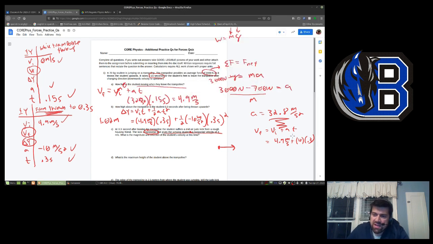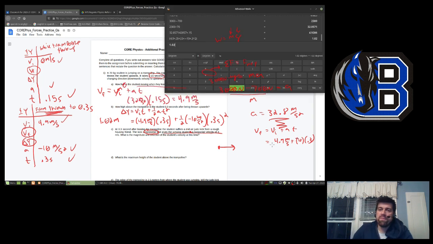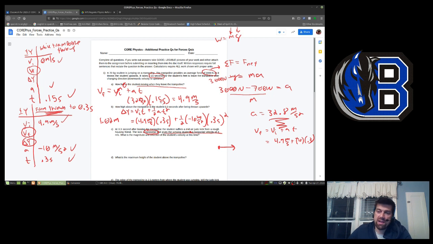So that's actually negative. So 4.9 minus At. So that 10 times 0.3 is 3. So I'm at 1.9 meters per second, and that was positive. So I'm still moving upwards at 1.9 meters per second.